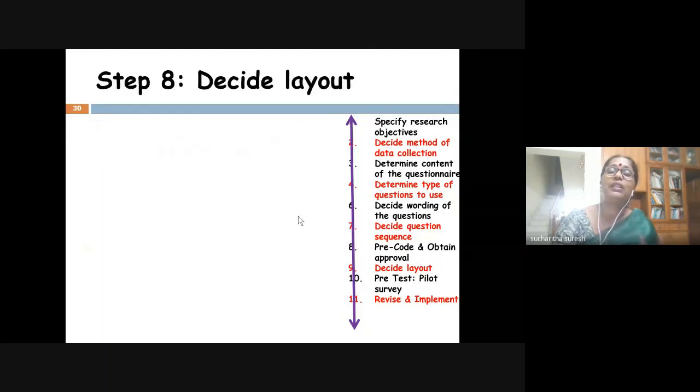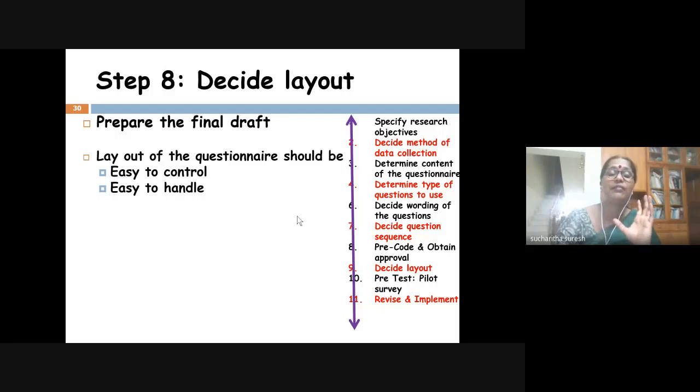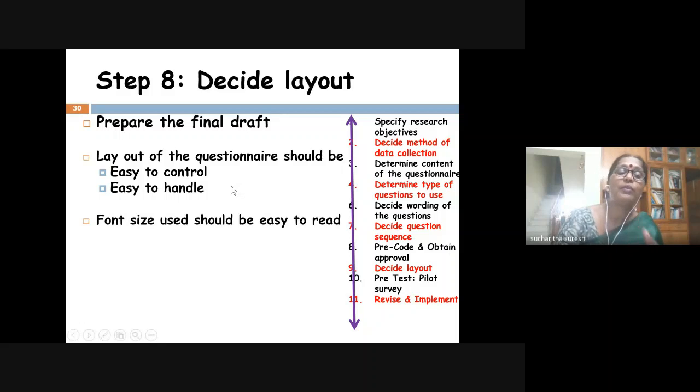After getting the approval, then again properly decide the layout and prepare the final draft. The layout of the questionnaire should be easy to control and easy to handle. The font size used should be easy to read.